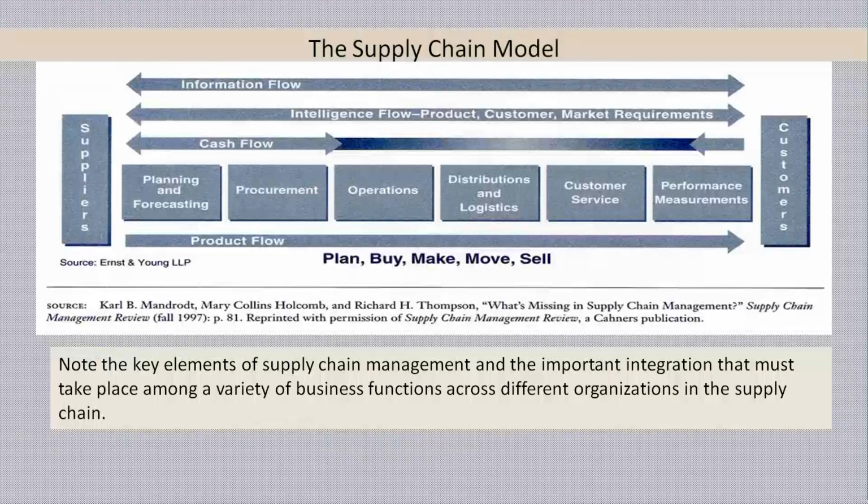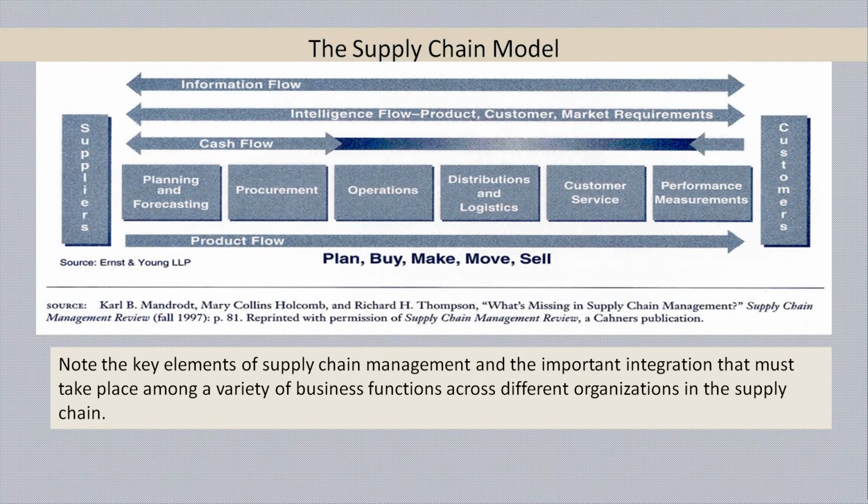So, this diagram is an excellent depiction of supply chain management in all its aspects. You see, on the left hand side at the extreme we have the suppliers. That terminology will include the manufacturers and maybe the factory, warehouse and so on.